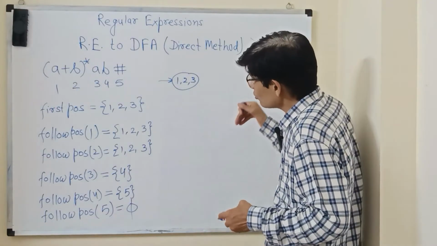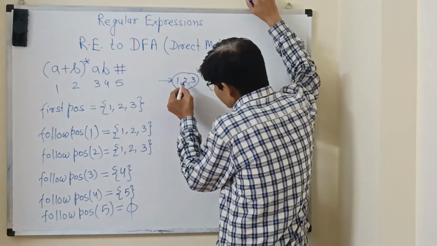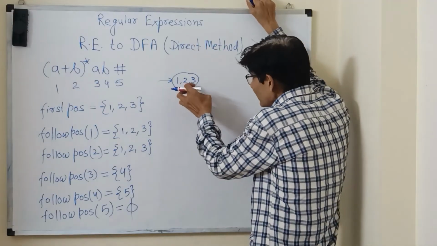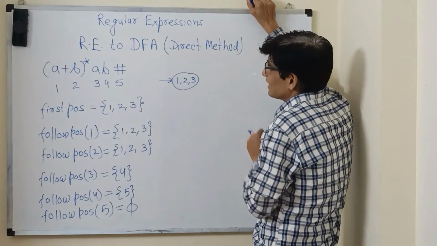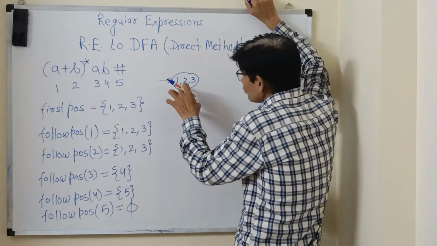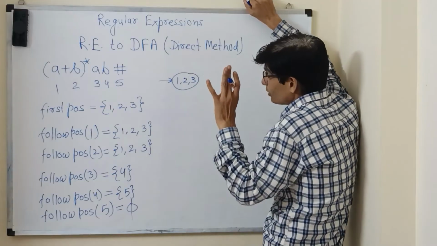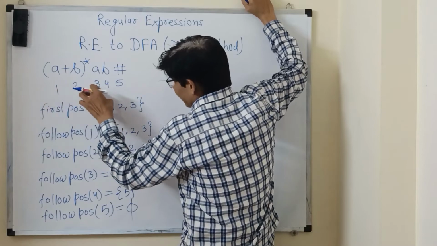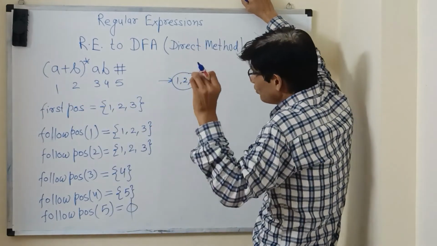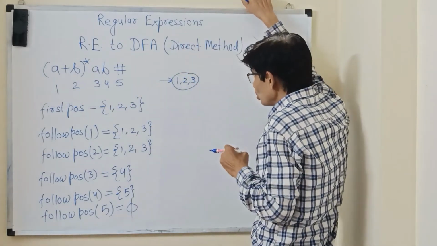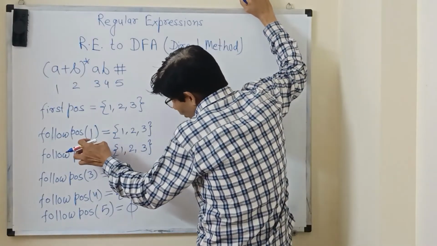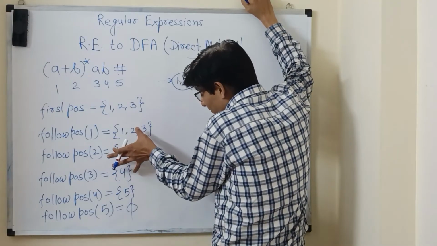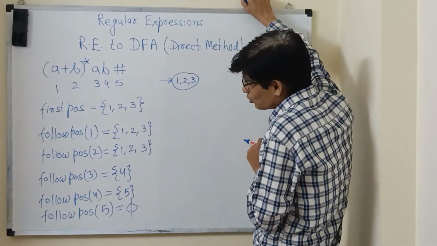Now to create the transition of A from this state, we need to see how many numbers within this state we have assigned to A. Out of 1, 2 and 3, we have assigned two numbers to A, 1 and 3. So we will take followpos of 1 and followpos of 3, and take the union of these two sets.